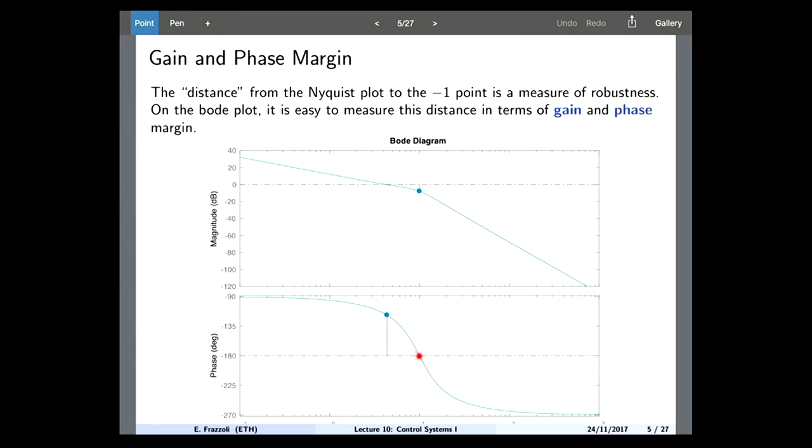So what you do is, at the same frequency on the magnitude plot, you look at, am I below the 0 dB line? Yes, in this case, okay? By how much can I increase the gain and still remain below the 0 dB line? This is given exactly by this length here, and this is the gain margin.